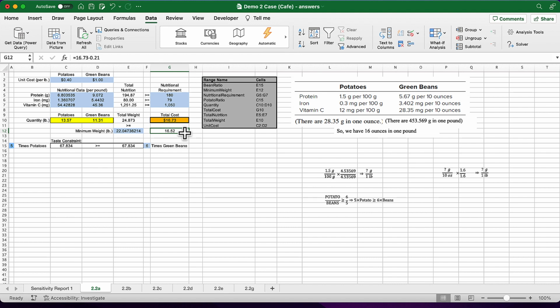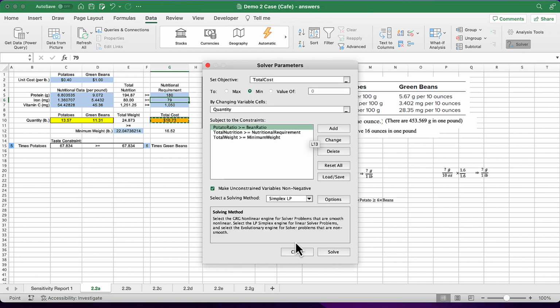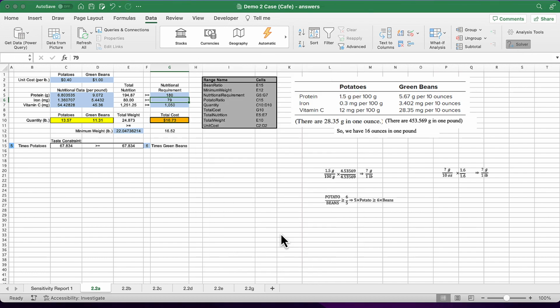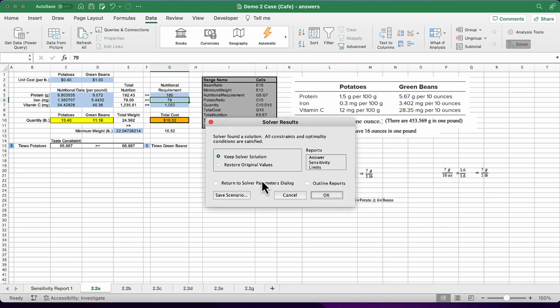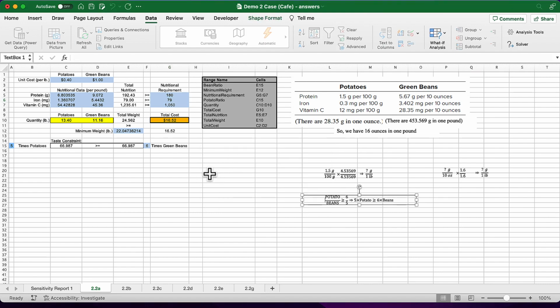16.52. All right, so let's see what happens if I relax this constraint by 1 unit down. I'm going to solve this again, and you're going to see that the numbers match my prediction: if I reduce my requirement down to 79, I get a reduction of 21 cents from the previous model.